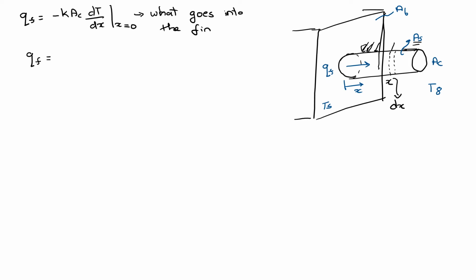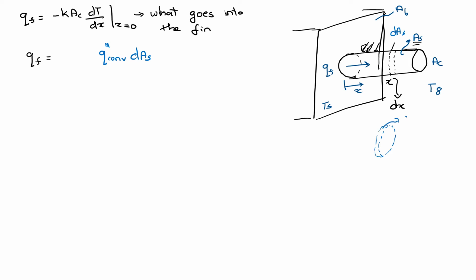The convective heat transfer across that particle will be Q double prime convection, the heat flux, into the small area, the surface area of this small element, which will look something like this.